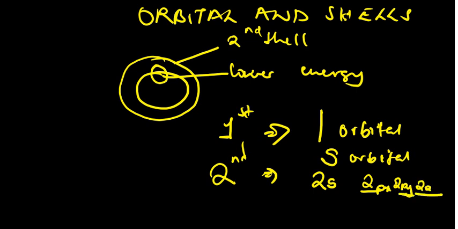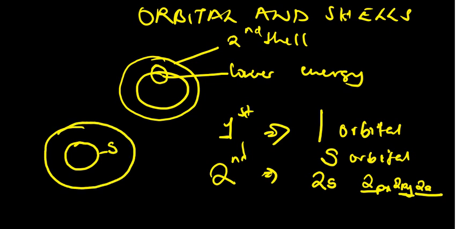So these are orbitals. Let me just illustrate that. If this is the first shell, we call it s, just one s. Now within the second shell it has levels. The first level is 2s, then the higher you go it becomes 2px, 2py, and 2pz.